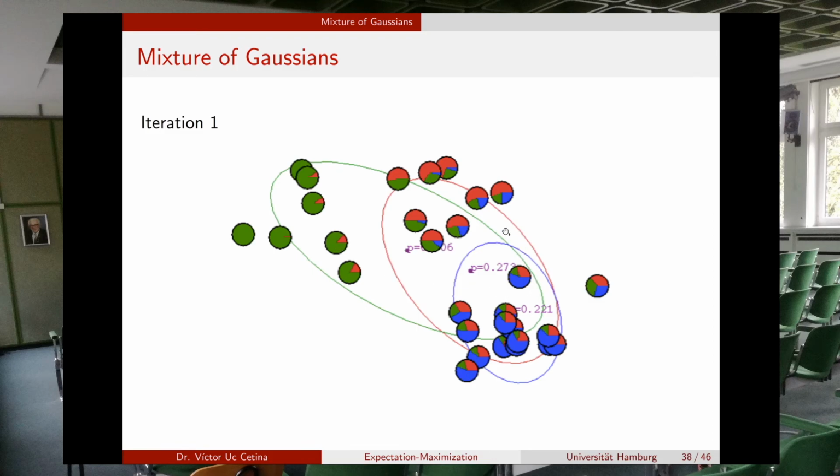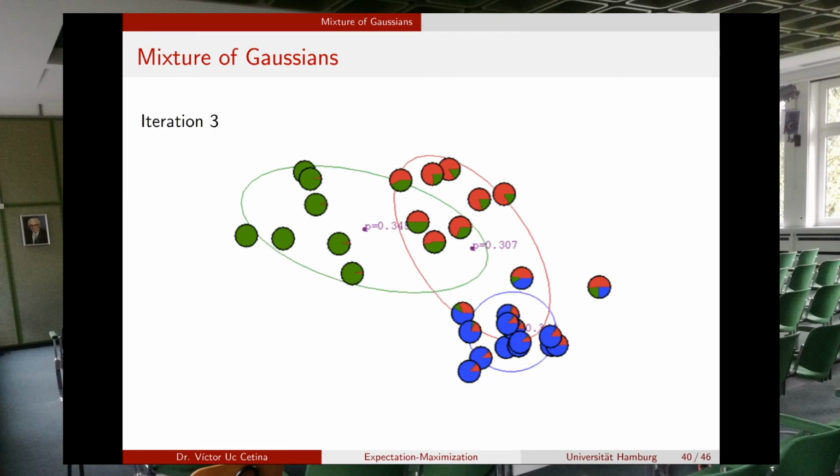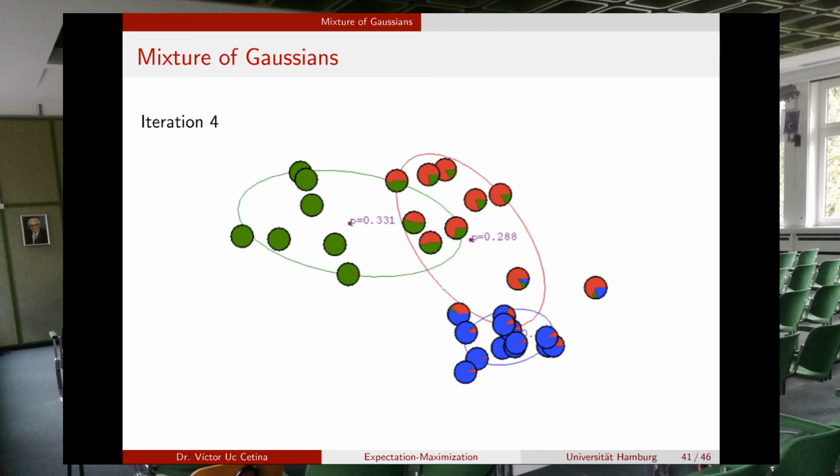Also, since you have updated the means and the covariance matrices, the main contours of the Gaussians are different now. In a second iteration, the arcs continue to change. Iteration 3.